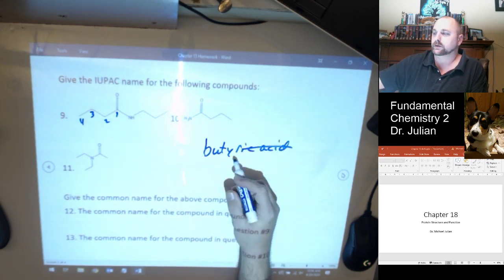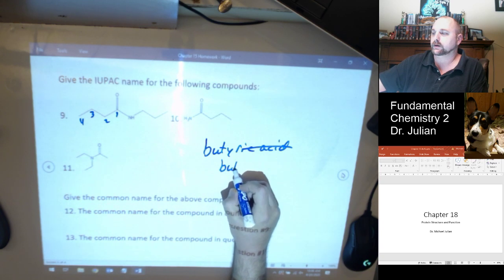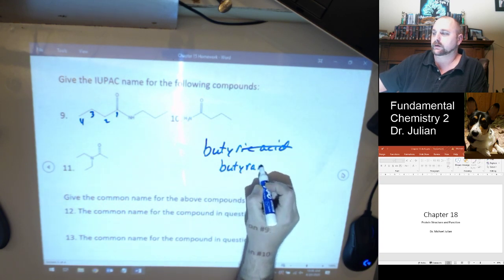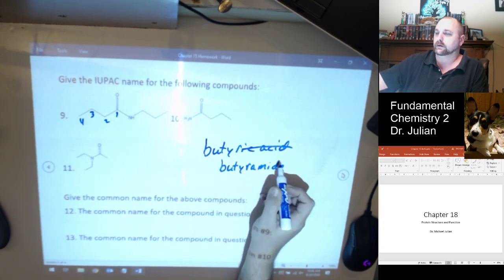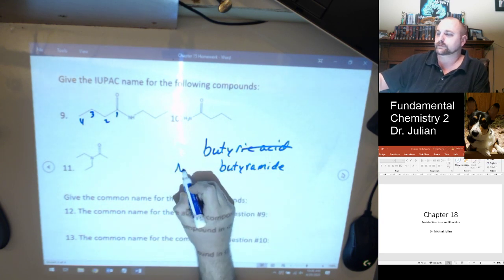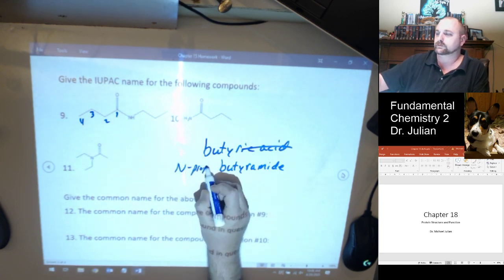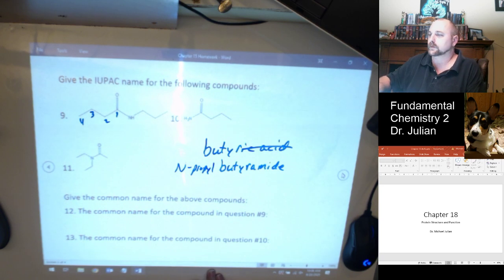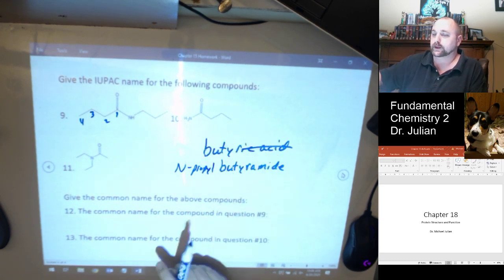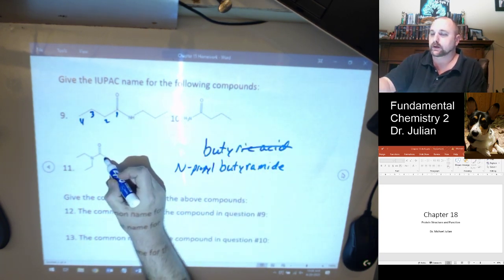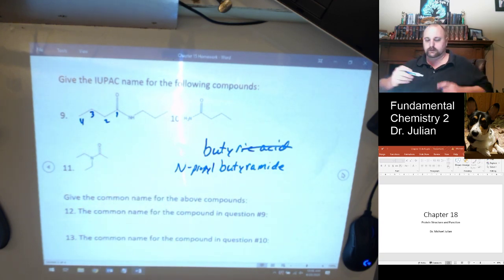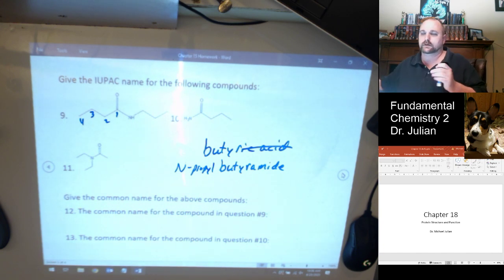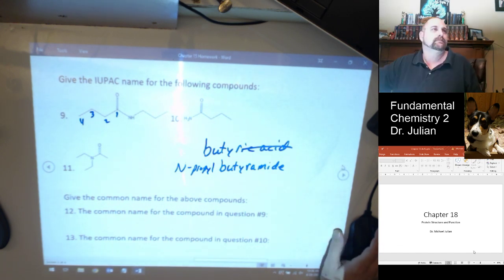And so that becomes butyramide. And this is just butyramide. And this would be acetamide, and N,N-diethyl acetamide.